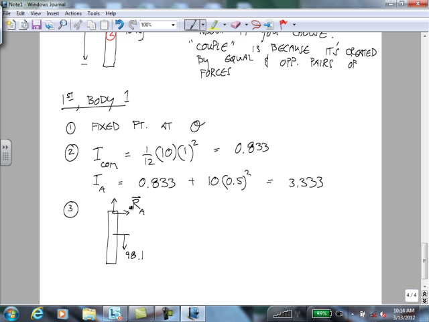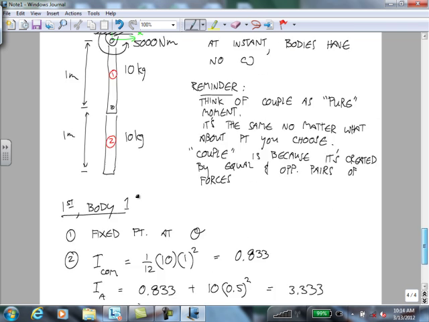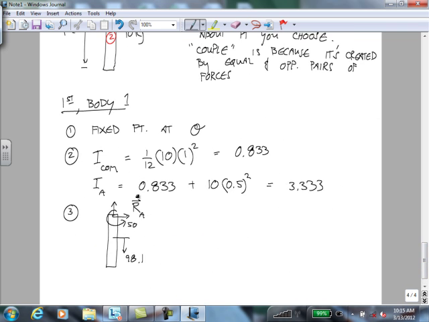There's a couple, and we'll put that on here like this, and we know the magnitude of that is 5,000. And then there's one more force.